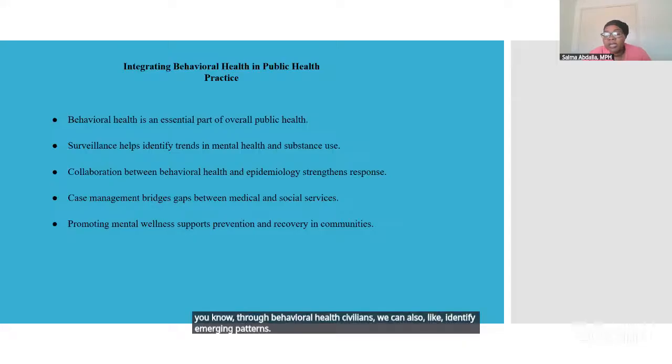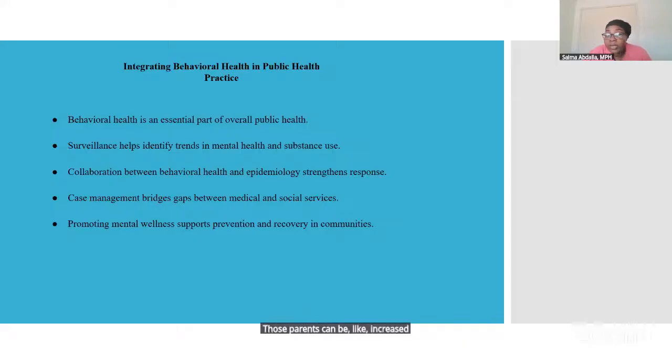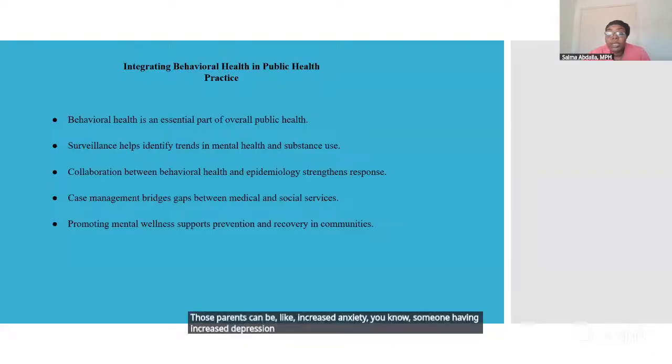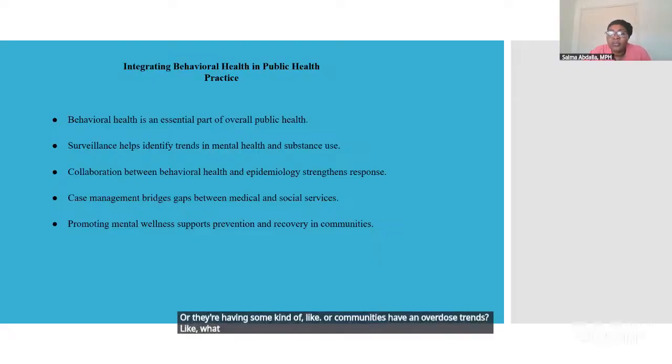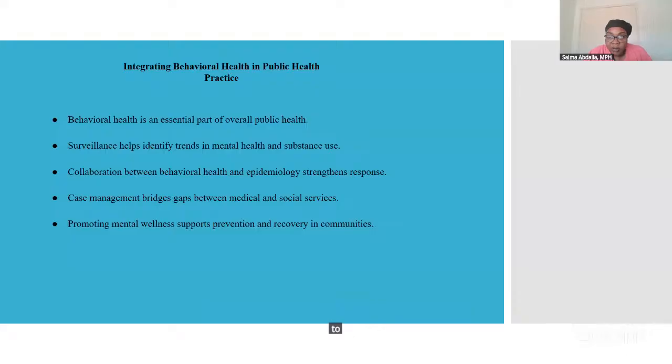Those patterns can be increased anxiety, increased depression, or a community having overdose trends. What's going on? It's important to look into that and inform early intervention. What can we do as a community to get to the bottom of this? There's something going on, so we can look into it.